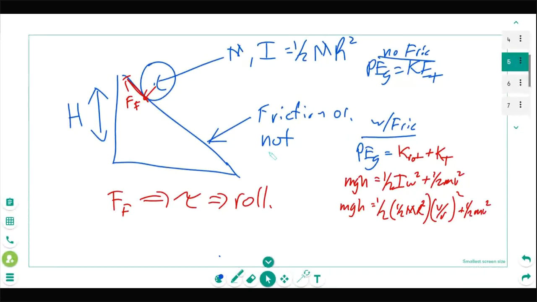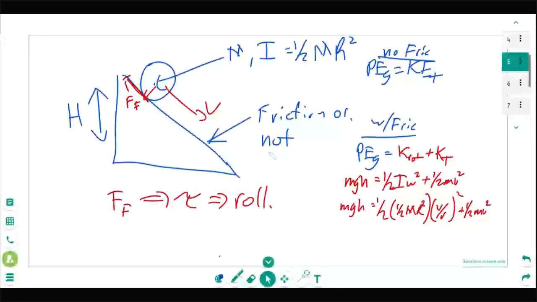So for no friction, that KE is definitely translational. There's no way you can roll. Without friction, we don't get any sort of rolling motion. All you get is sliding. For the with-friction part, this thing is still going to move sideways. It'll still have some velocity as it goes down, which is why we still have translational kinetic energy in that case.